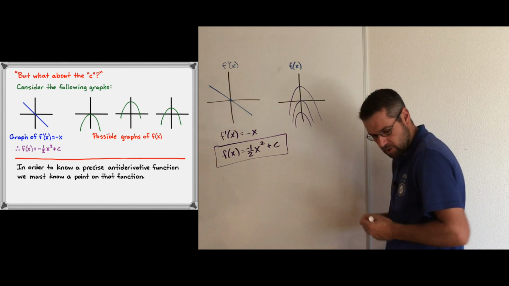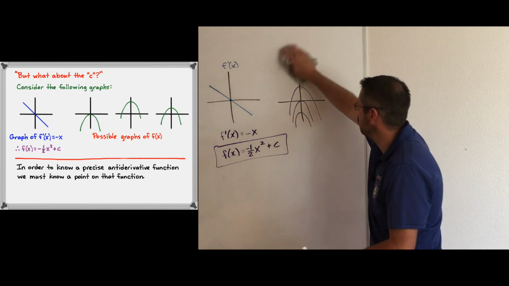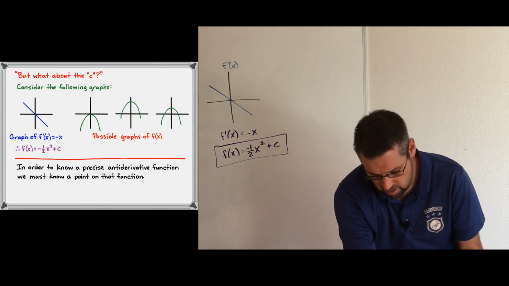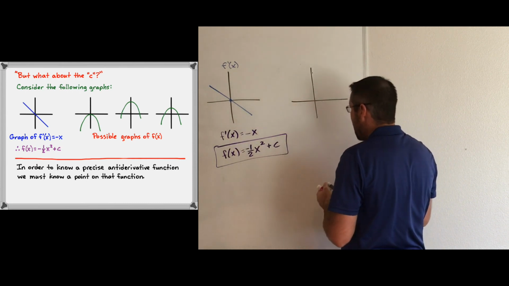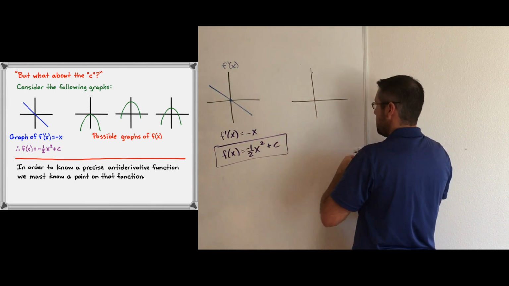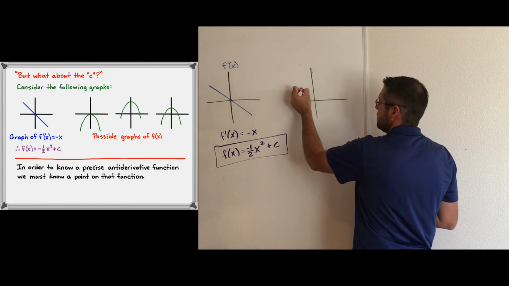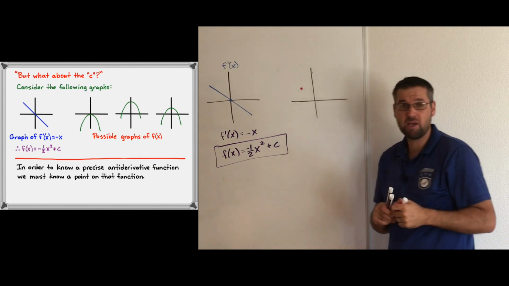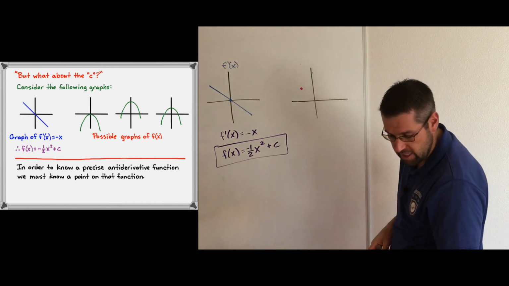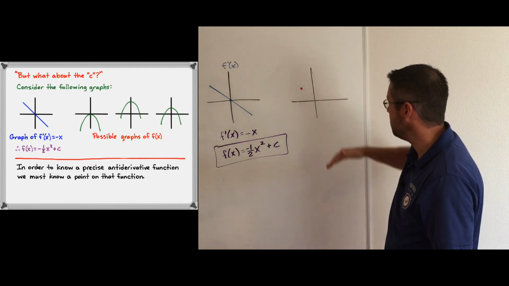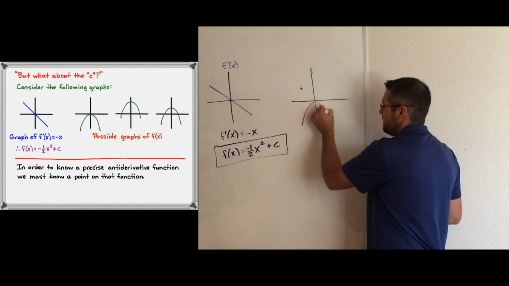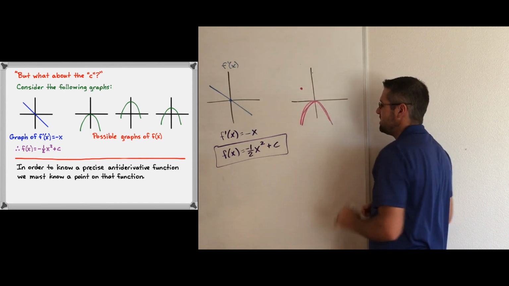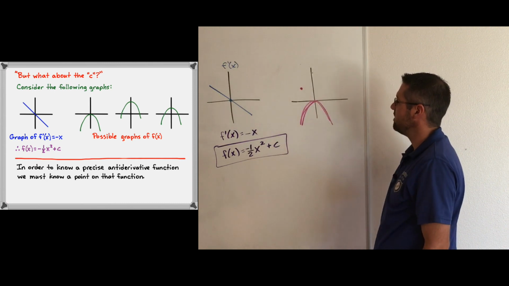So if I were to tell you that this parabola, let me go ahead and erase this so I can point it out a little bit more here. If I were to tell you that this parabola passes through, let's say this point here, okay? That's going to give us some information about where the parabola is or what the vertical shift is here. I know that the parabola can't just be like this, where the c value is 0, because it would never hit that point.